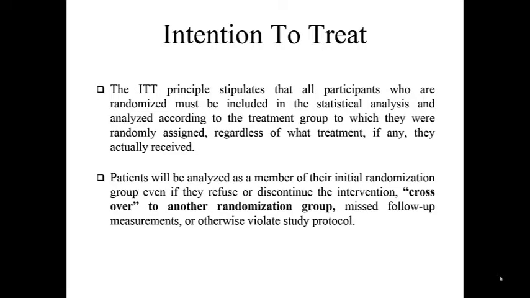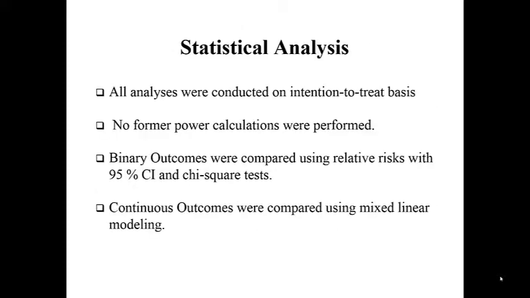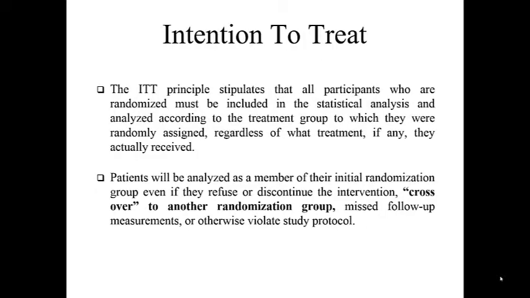So regarding intention to treat, since they made their analysis on an intention-to-treat basis, intention to treat is actually when all the participants who were randomized are included in the statistical analysis, and they are analyzed according to the same treatment group to which they were randomly assigned, regardless of what treatment they received.